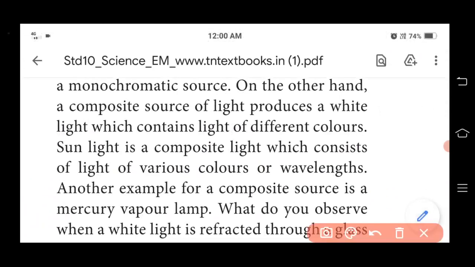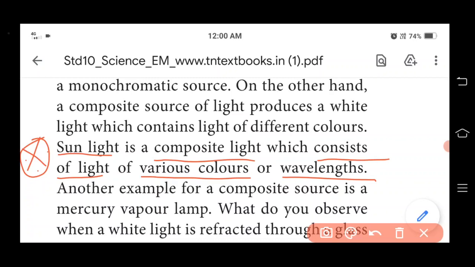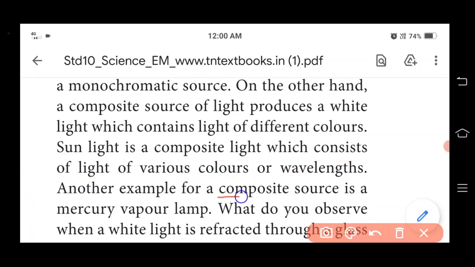Sunlight, another very important 1 mark question: sunlight is a composite light which consists of light of various colors or wavelengths. Another example for composite source is a mercury vapor lamp. So, the natural source of composite light is sunlight, and an artificial source of composite light is the mercury vapor lamp.